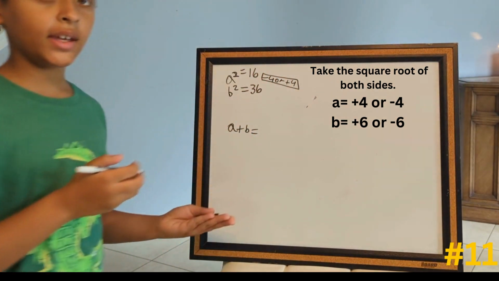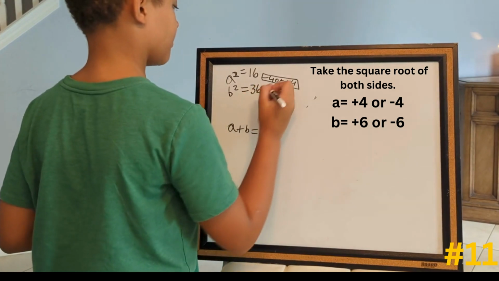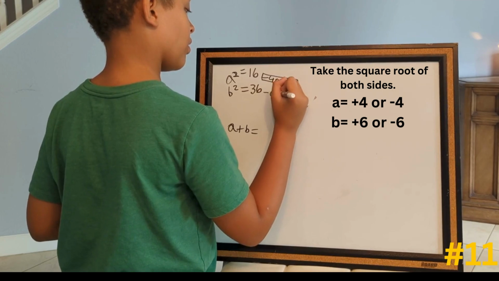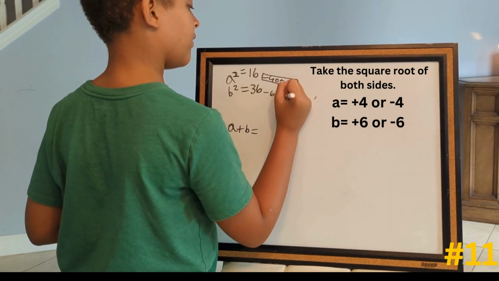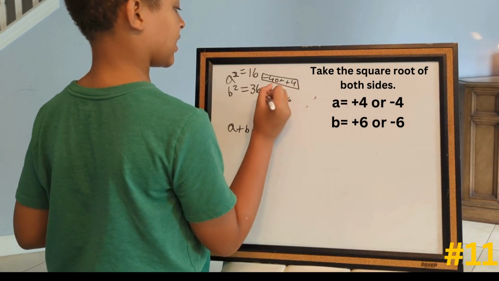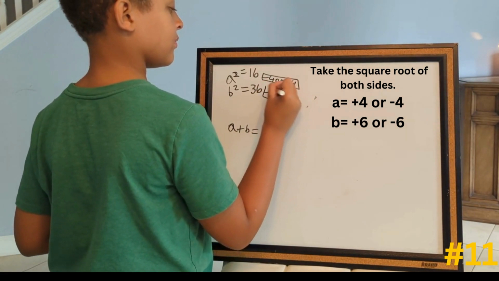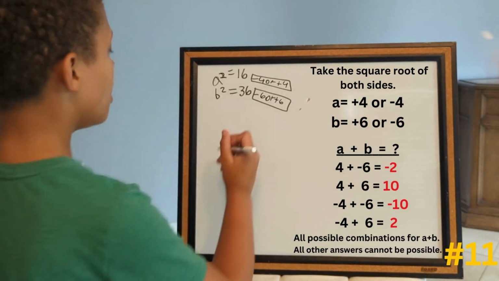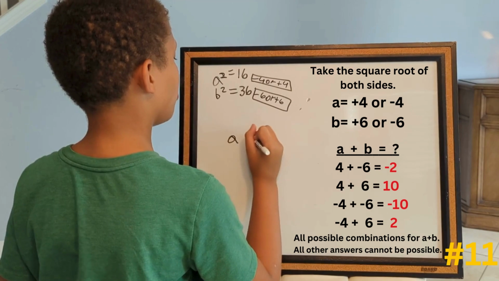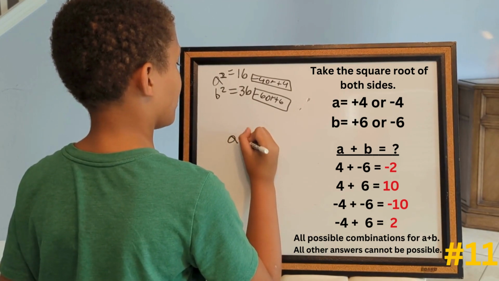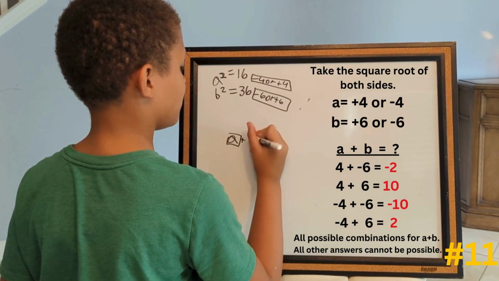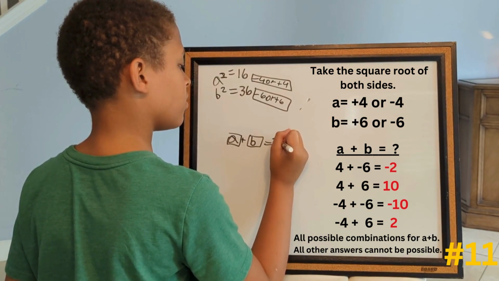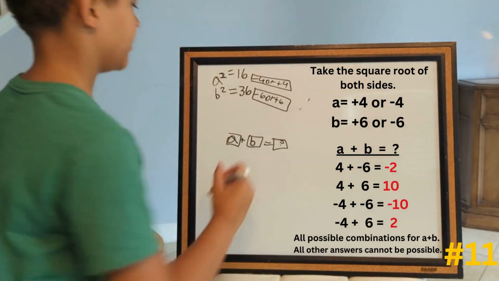And then b could be negative or positive 6. Okay, so here are all of the possible combinations for a and b.